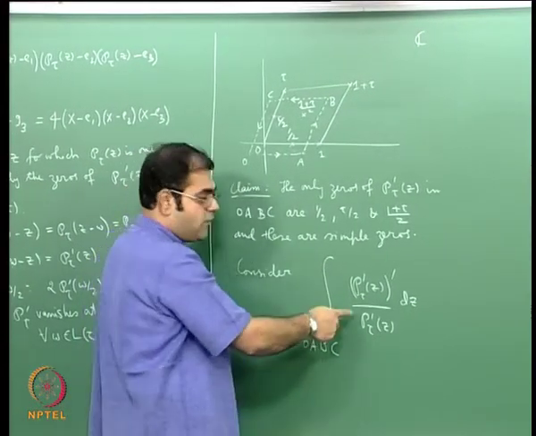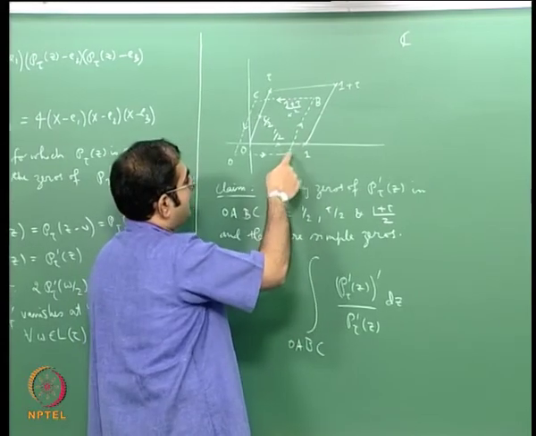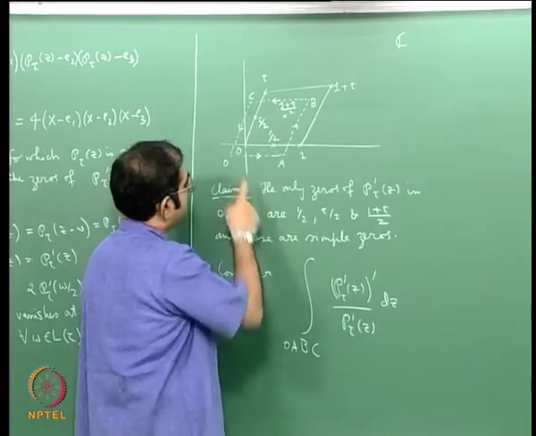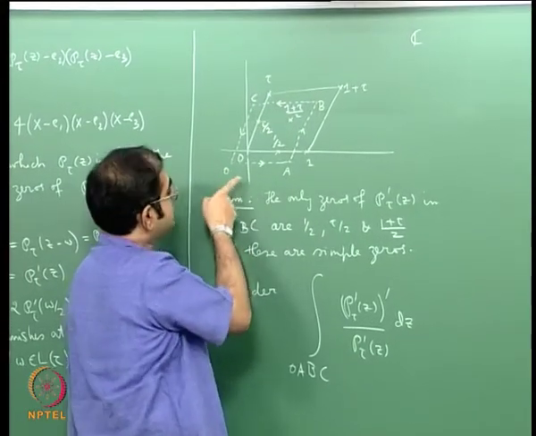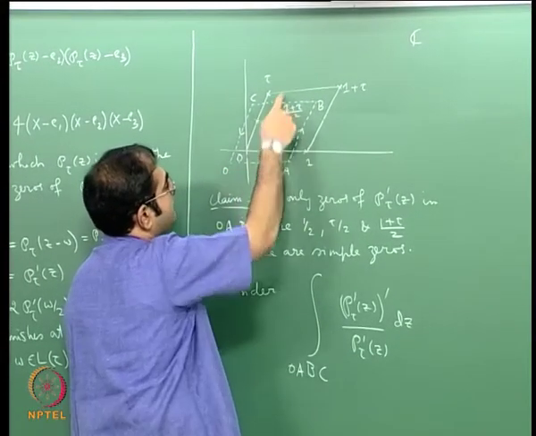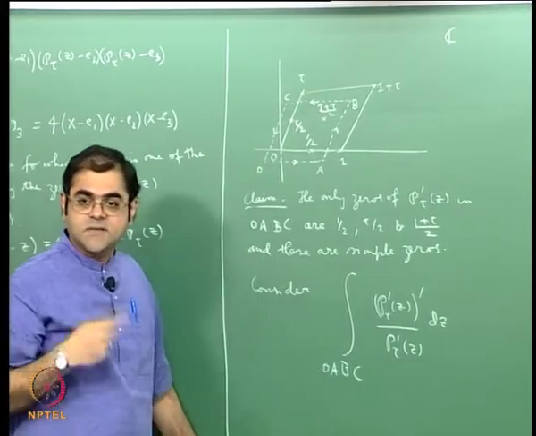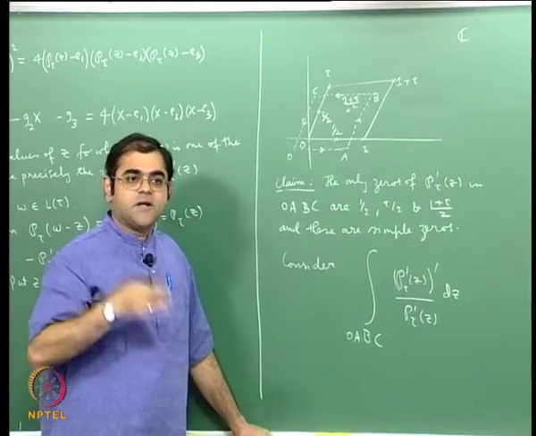Therefore if you break this integral into 4 pieces, one along each edge of the parallelogram, then the contributions for the opposite edges will cancel, because of periodicity.